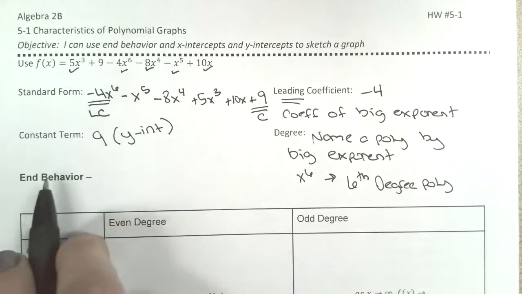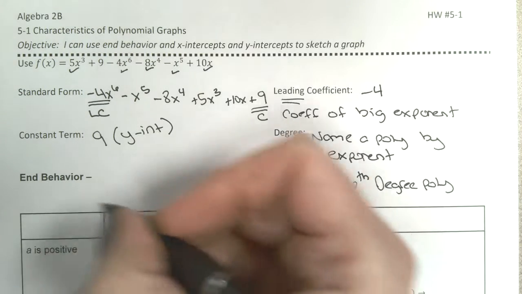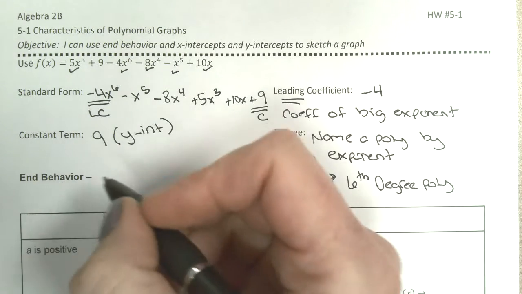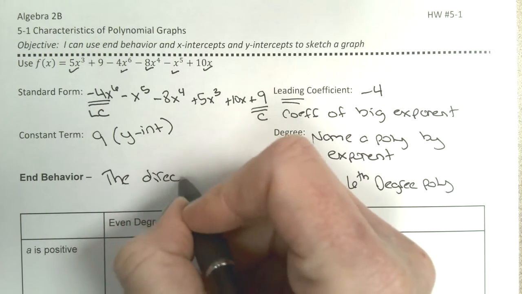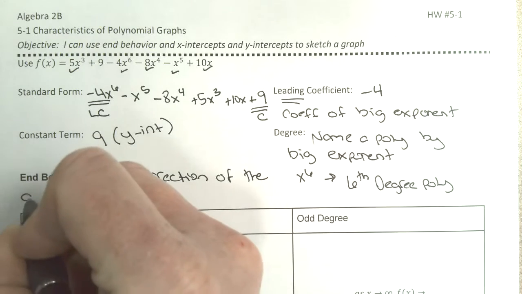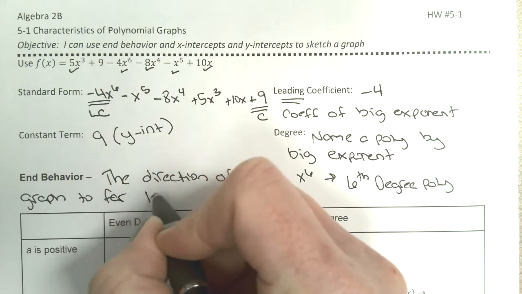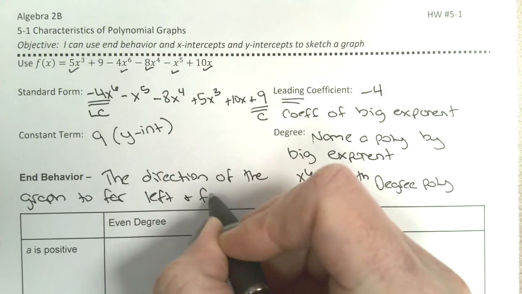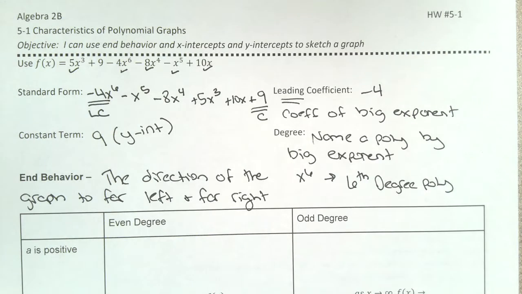End behavior. End behavior is what the graph looks like at the far left and the far right. It is the direction of the graph to the far left and far right.